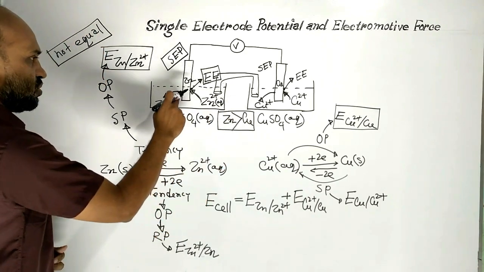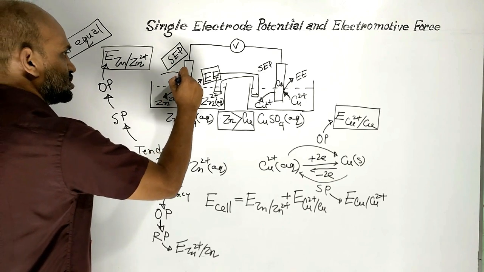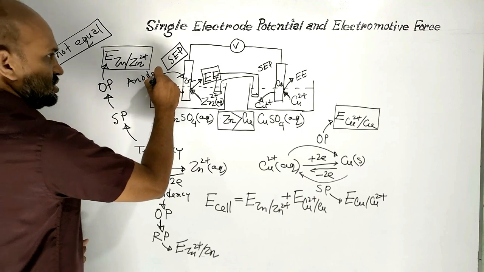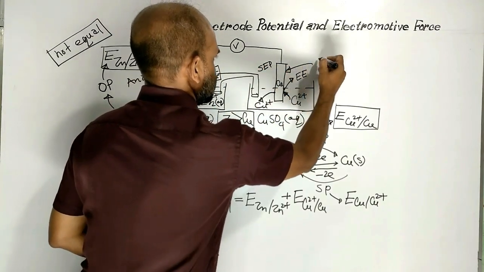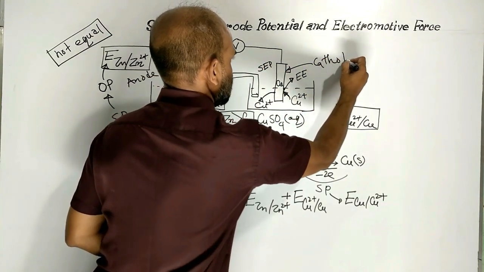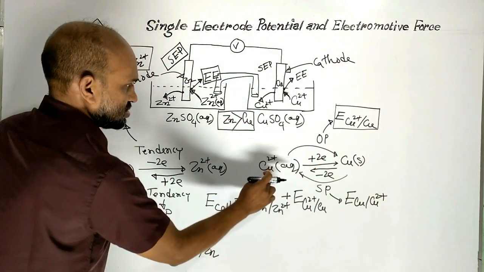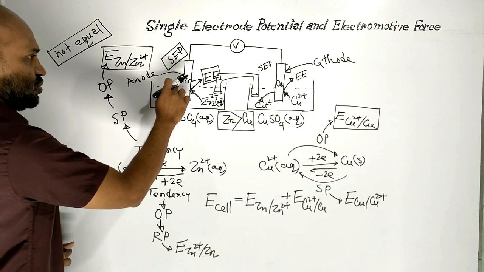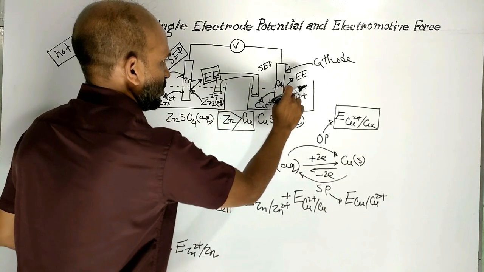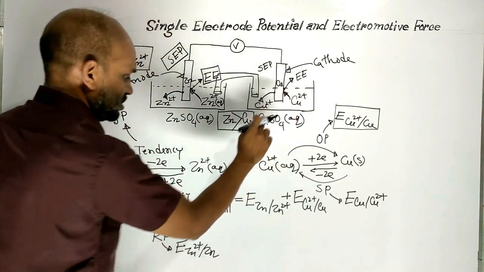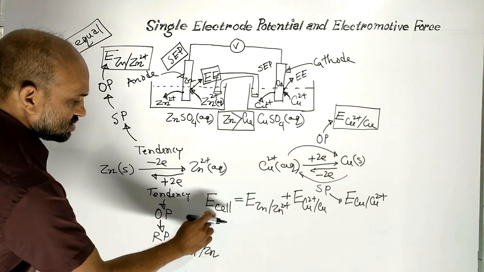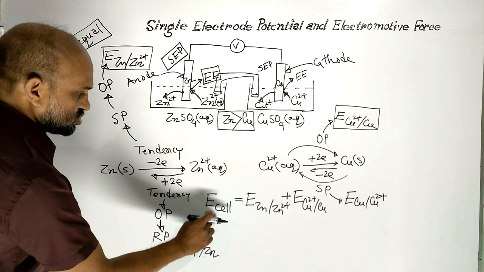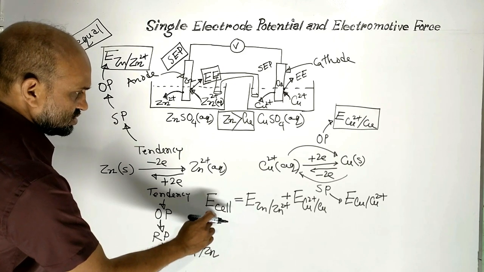So this is anode because here oxidation occurs, and this is cathode because here basically reduction occurs. So the sum of the oxidation potential of anode and the reduction potential of cathode is known as the electromotive force of this cell, also called cell voltage.